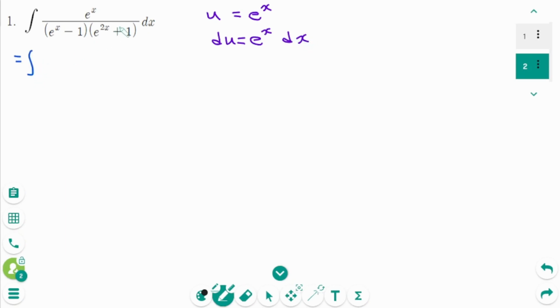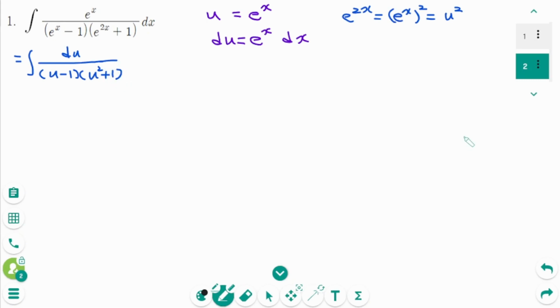The integral becomes the integral of e to the power of x dx, which is du, over e to the power of x, which is u, minus 1, then e to the power of 2x equals e to the power of x squared, that means u squared, so u squared plus 1.